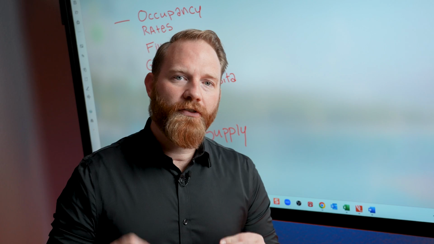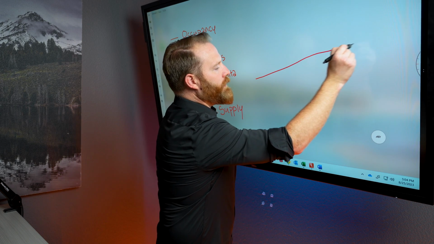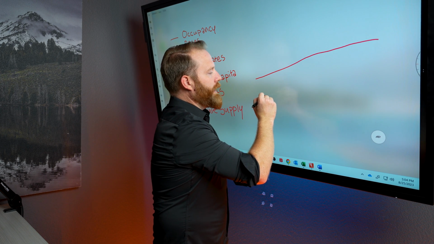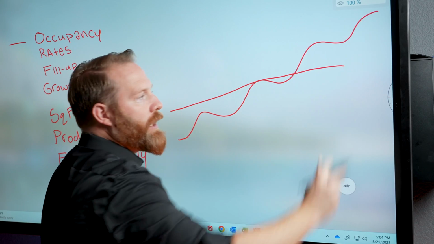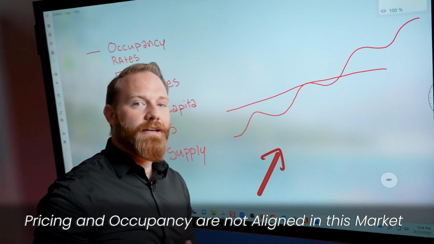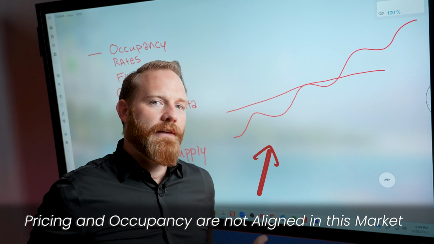What we want to see is this. Let's say you have occupancy like this and rates that are going up and down seasonally like this, and occupancy doesn't move. This shows that pricing in that market and storage in that market are very inelastic.